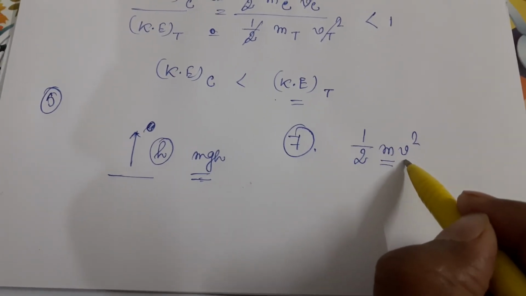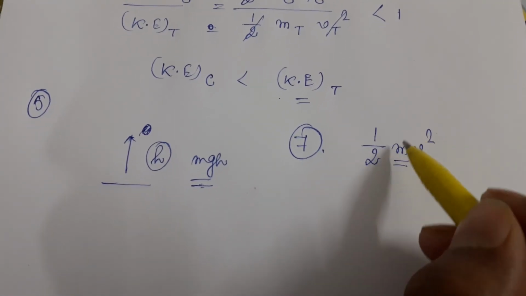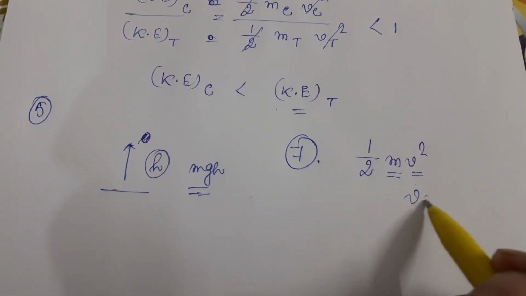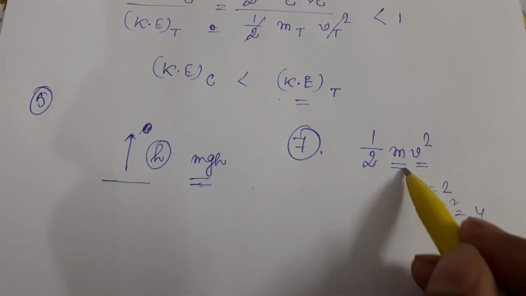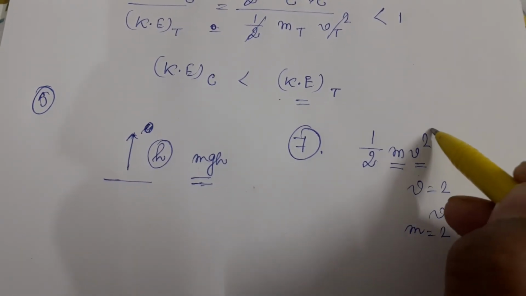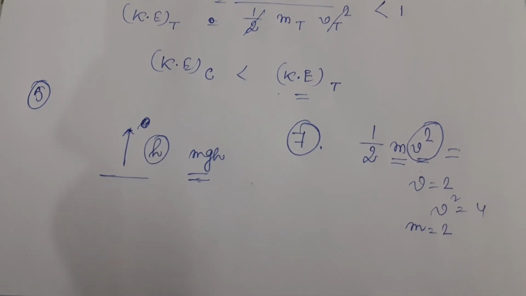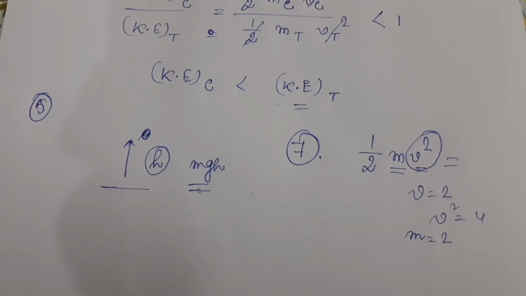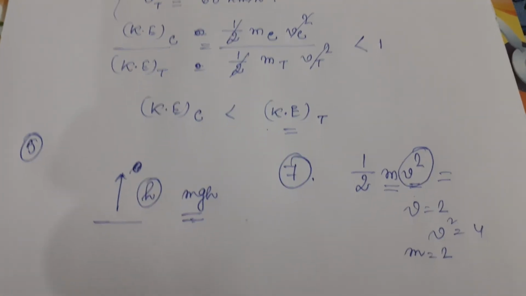But if you double the velocity, it will become 4 times. Suppose v is equal to 2, then v square will be 4. But if m is equal to 2, then only 2 comes. So if you double the velocity, the kinetic energy will increase 4 times. That is most important.